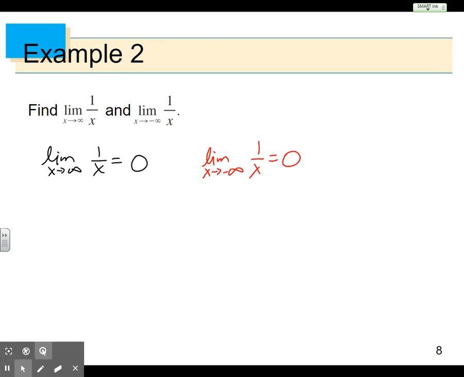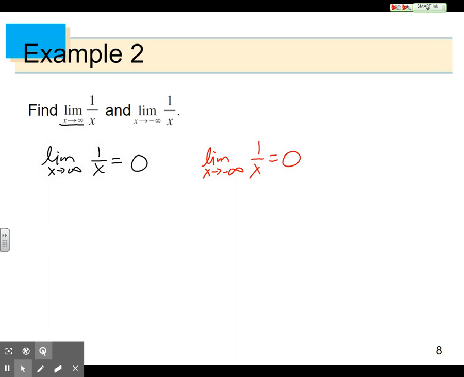I tried mine without a table. I thought about it: if x was really large, like 1 million, 1 divided by 1 million would be something incredibly small. If I have 1/1,000,000th of something, I have a piece of that something that is so close to 0, it's ridiculous. And it's the same way if x is approaching negative infinity.